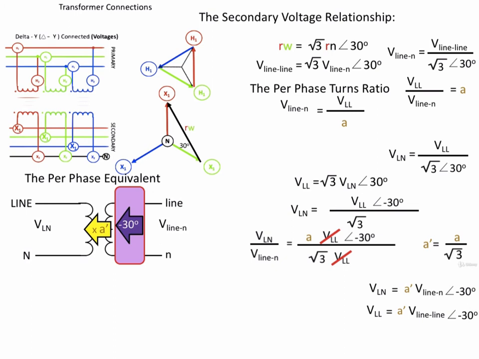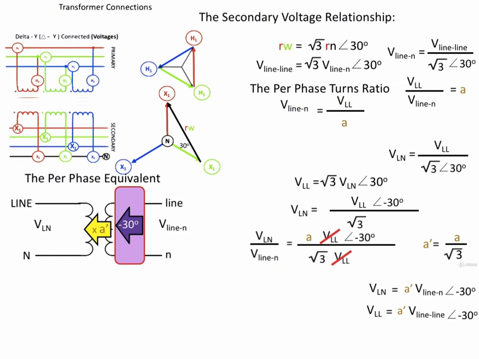And if we take the secondary voltage and want to know what the primary voltage is, not only do we have to be concerned about the turns ratio, we have to be concerned about the 30-degree phase shift. In other words, we have to subtract 30 degrees from the secondary voltage in order to get the primary voltage, and that's indicated there with the burgundy or purple arrow that you see on the diagram.